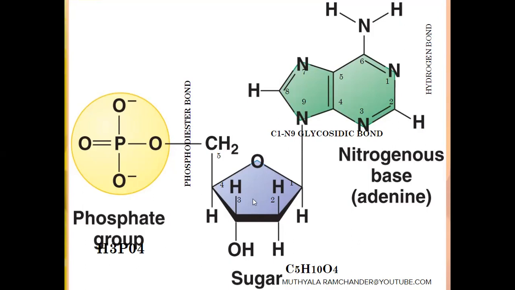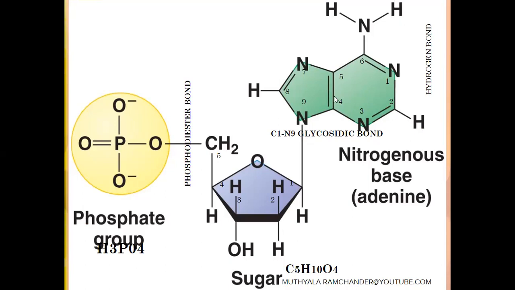The sugar molecules are connected with nitrogenous bases by glycosidic bonds. Glycosidic bonds are mainly two types. One is the C1N9 glycosidic bond. The C1N9 glycosidic bond is present between sugar molecules and nitrogenous bases like adenine. Adenine is a double ring-like structure.